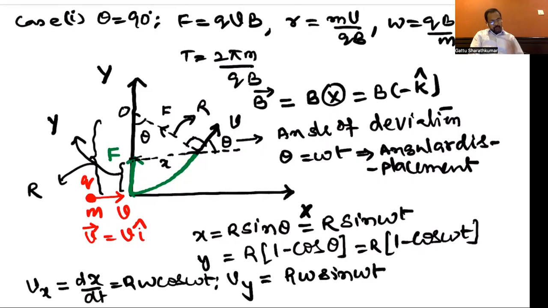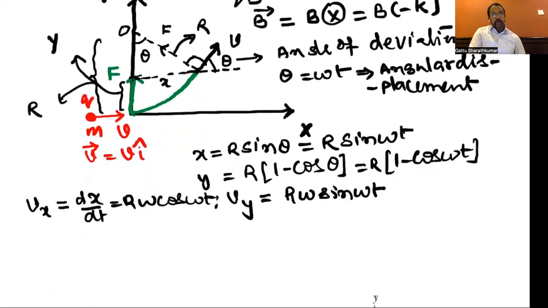So this is how I can find the velocity component along the x-axis and the velocity component along the y-axis. Anyway, speed is constant. That is, root of Vx squared plus Vy squared will give me V only. And that angle theta is the angular displacement, or you can say the angle of deviation. I hope you are understanding.